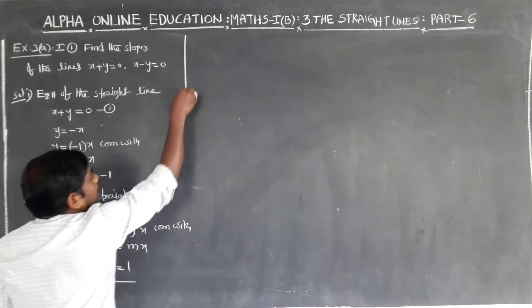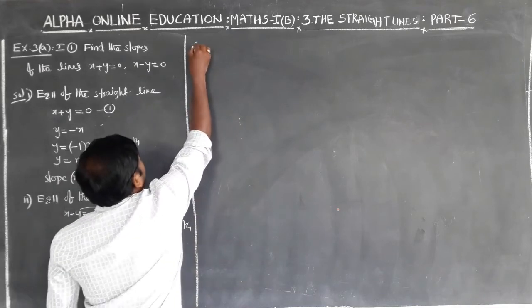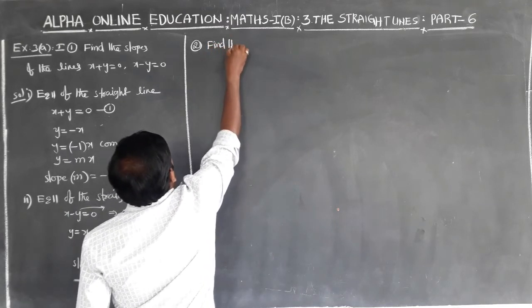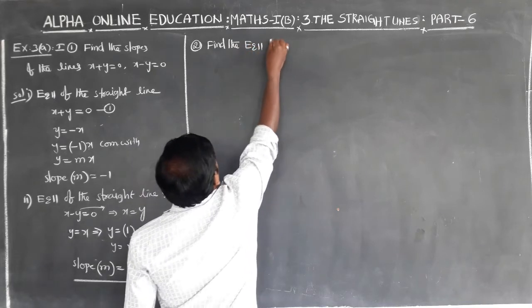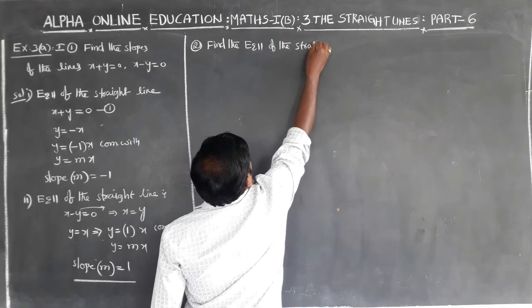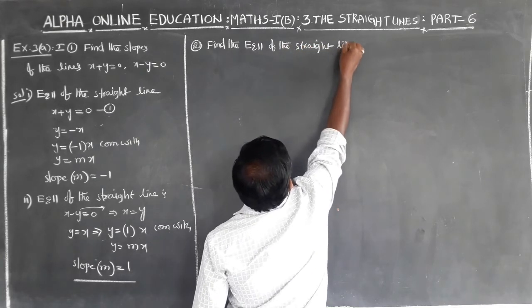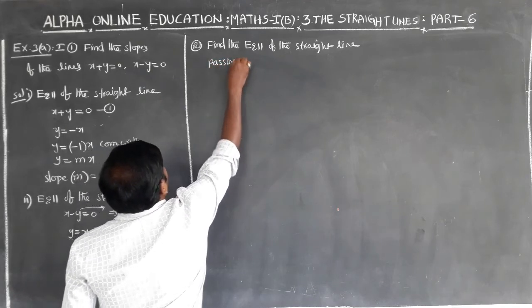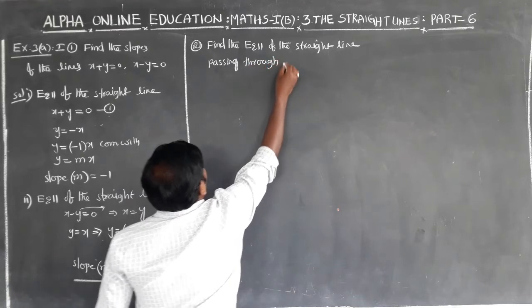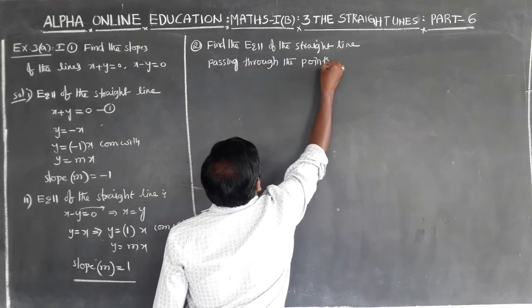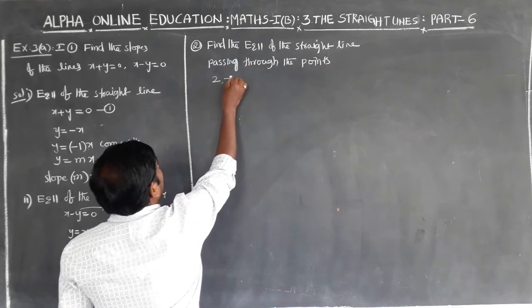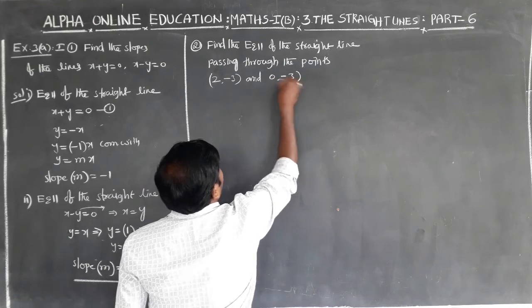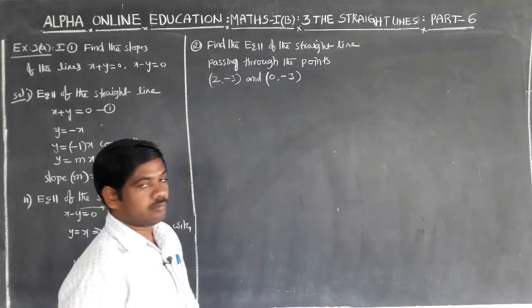Next one, second problem. Find the equation of the straight line passing through the points 2 comma minus 3 and 0 comma minus 3.